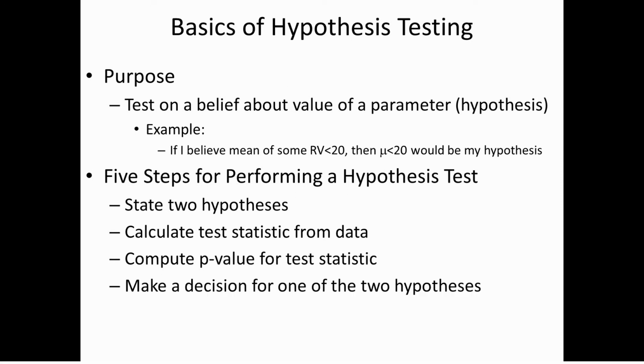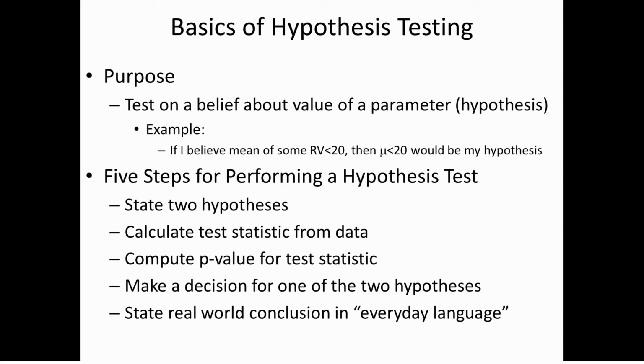And then based on that, we make a decision. If the test statistic is too unlikely under this hypothesis that we believe, then we throw it away and we say the other side's correct. And then finally, we're going to state our conclusion in everyday language. We're going to actually say what we found. We're going to take all the statistics, speak out of it, and just put it in regular everyday terms.